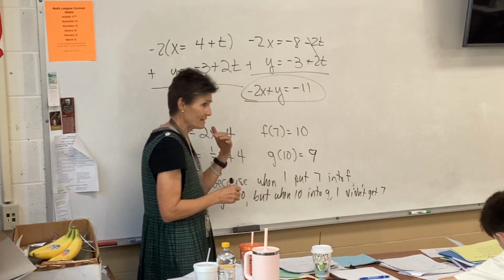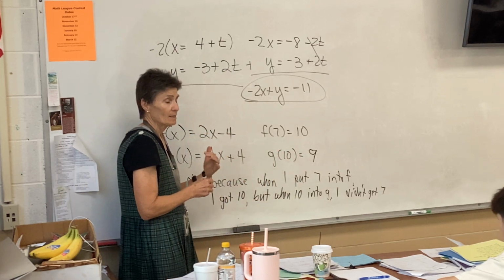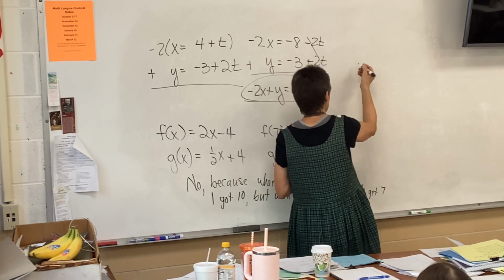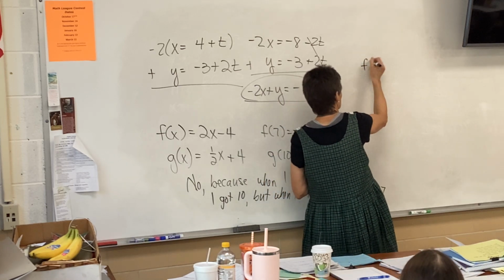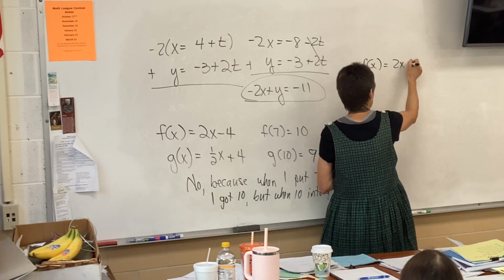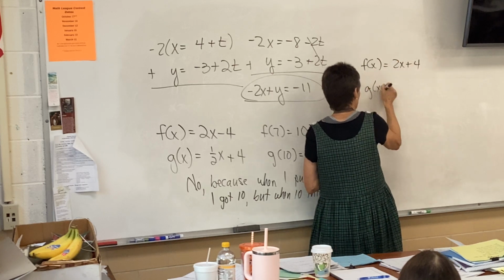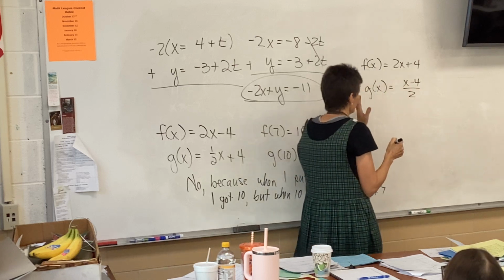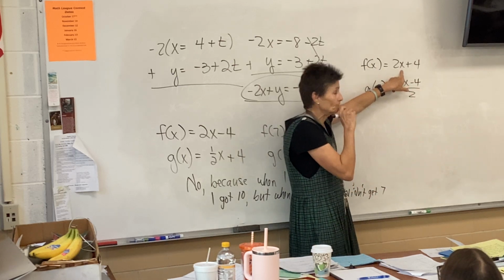If things are inverses, let me show you an example. How about if these were my functions? f of x equals 2x plus 4, and g of x equals (x minus 4) over 2. Now, let's put 7 in this one.